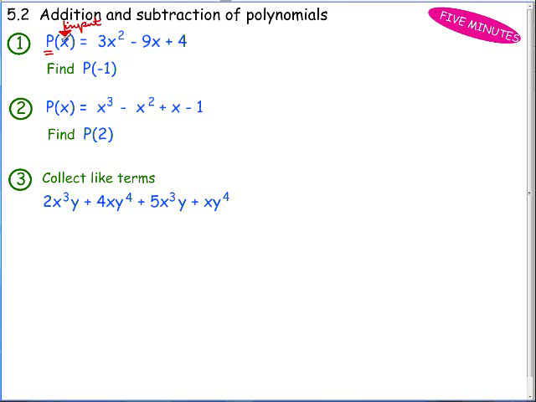Well, suppose instead of putting in x, we're going to put in a -1. Then I get a new rendition without x. It has a -1 where x used to be, and of course, what do we do to that input? We square it, and then we subtract 9 times that input.